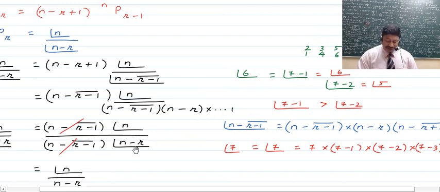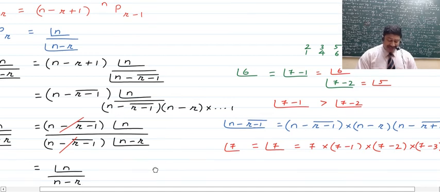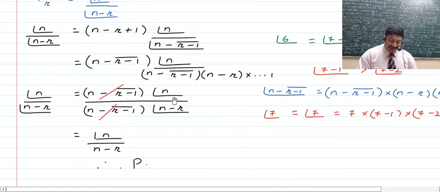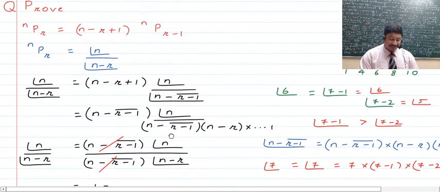So we've written this as factorial n minus r, and you find that this matches in the numerator and the denominator and they are in multiplication, so they get cancelled. Now you will just be left with factorial n divided by factorial of n minus r, and that, children, is the same as what you had on the left hand side. Thus we can say that the sum stands proved.